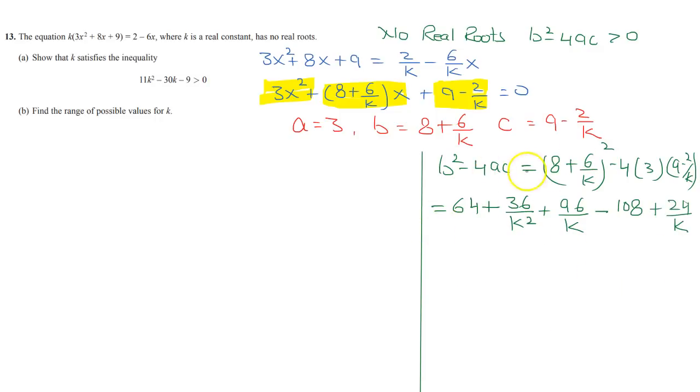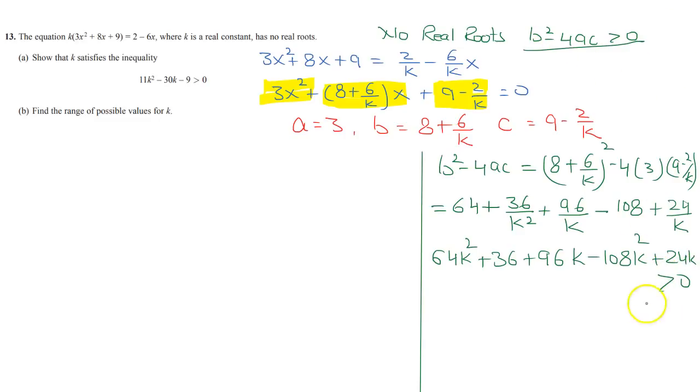Now let's multiply all the terms by k square. So this is 64k square plus 36k, plus 36, there is no k because we are multiplying it by, plus 36 plus 96k minus 108k square plus 24k is greater than 0, because our initial condition is b square minus 4ac is greater than 0.